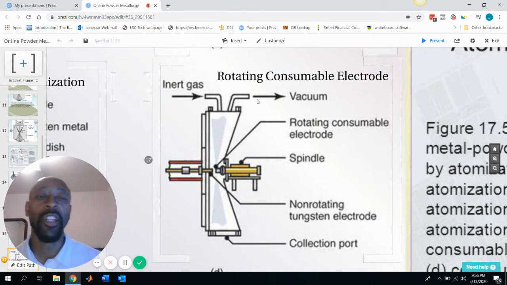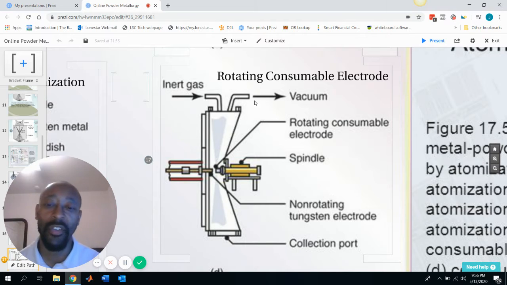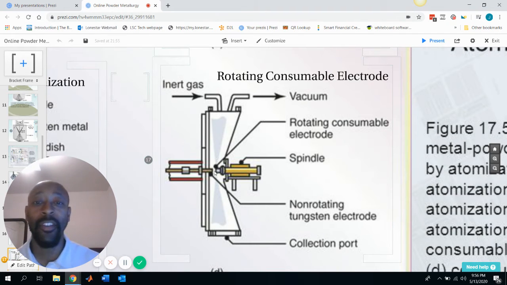You also have rotating consumable electrode atomization. In this situation you have a tungsten electrode, and that electrode is broken apart by an electric current, and as it's broken apart, it's spun to the outsides as well.